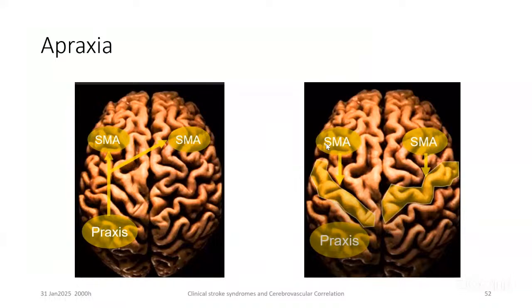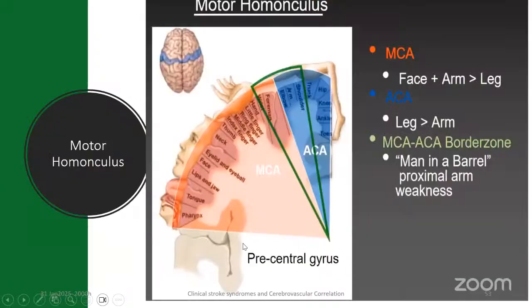And praxis is in the left parietal lobe. The connections from the left parietal lobe go to the supplementary motor area ipsilaterally and onto the right side contralaterally. If there is a disruption in this circuit, you can see the supplementary motor area here on this side, then the hell breaks loose. So you will have apraxia, ideational apraxia, ideomotor apraxia, and things like that.